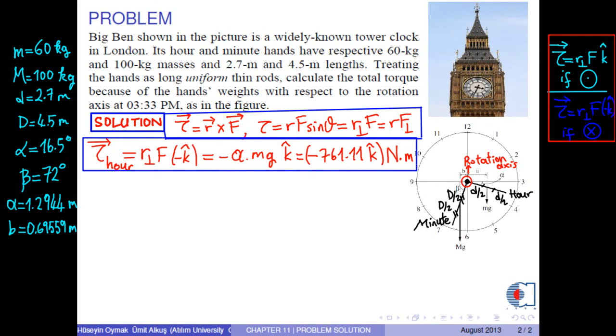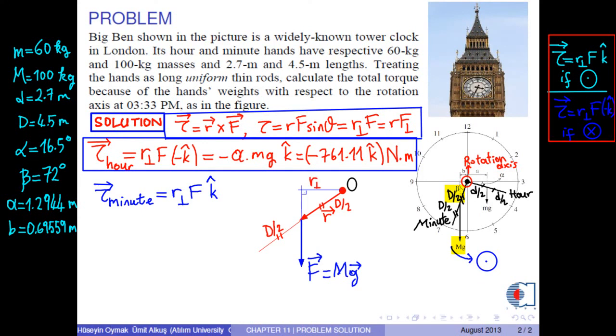Also, the torque because of the minute hand is R perpendicular times F times k hat. According to the figure, R perpendicular is B, and F is capital M times g. Therefore, tau minute becomes B times capital M times g times k hat.